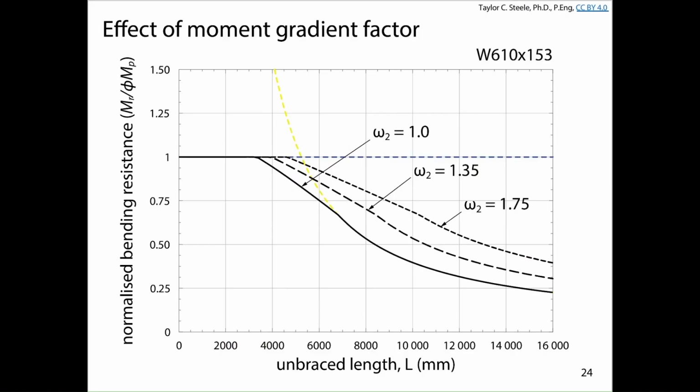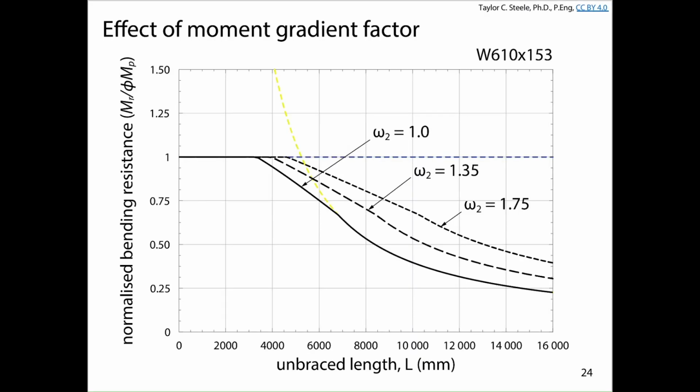But as the bending moment diagram shape changes up to omega 2 is 1.75, then we don't have to worry about lateral torsional buckling until almost a 5 meter unbraced segment length. Okay, so omega 2 increases the length that you can have unbraced before lateral torsional buckling becomes an issue. And as lateral torsional buckling becomes an issue, it helps you increase the respective strength against lateral torsional buckling.